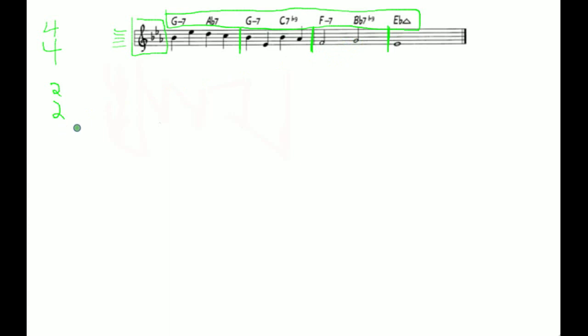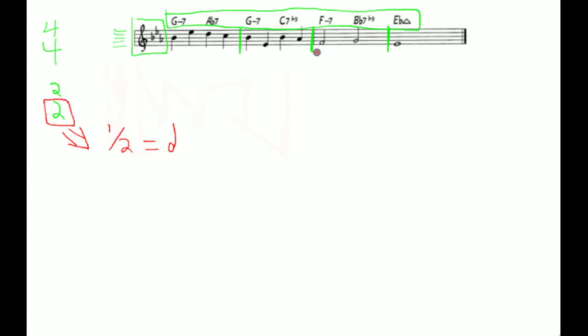If we wanted to, hopefully you can see that, I'm going to switch to red. You might be able to see red a bit better. Keep in mind what we said about the bottom number of a time signature. We take that bottom number and put 1 over it, so that means a half note, and we're going to have 2 of them in a measure.